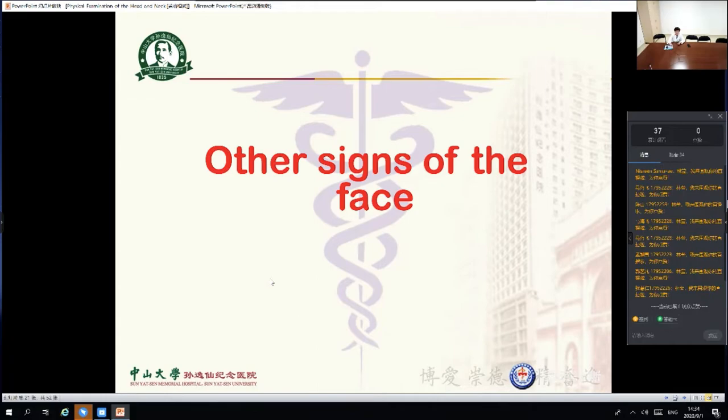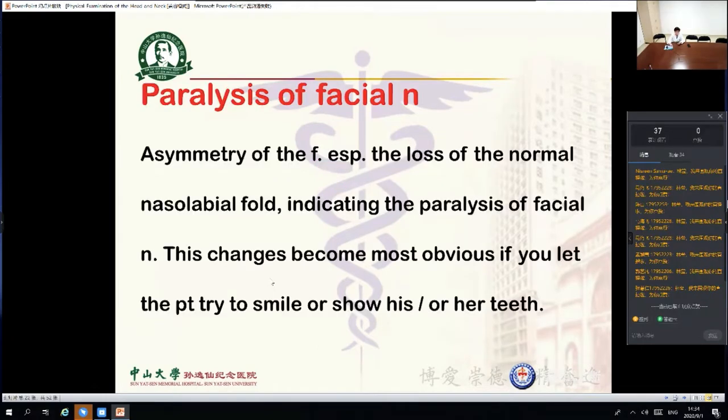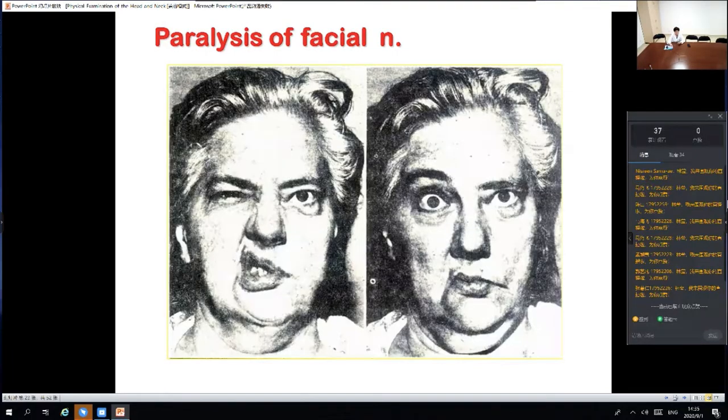And other signs of the face I would like to introduce to you guys are including this: paralysis of the facial nerve, which means asymmetry of the faces, especially the loss of the normal nasolabial fold, indicating the paralysis of the facial nerve. These changes become most obvious if you let the patient try to smile or show his or her teeth, like this.